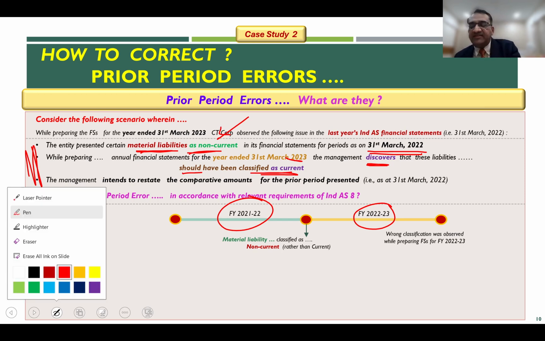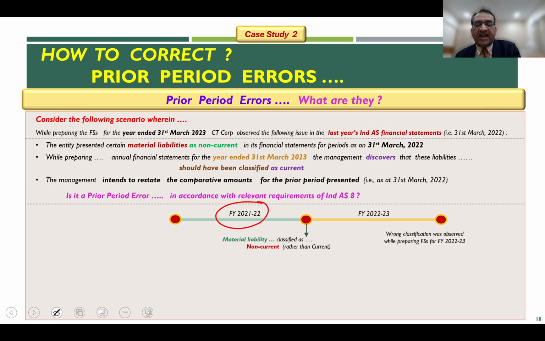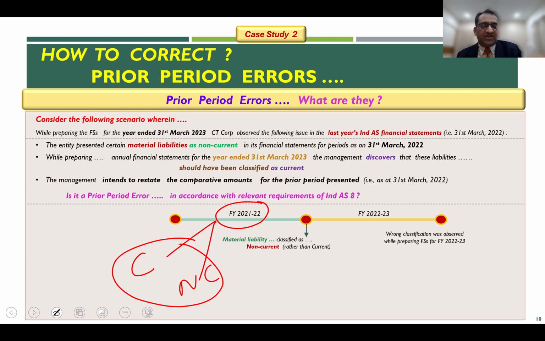So the problem is, a liability which was current was actually shown as non-current, and this wrong classification is discovered subsequently in the next year. The management now intends to restate the comparative numbers for the prior period presented.